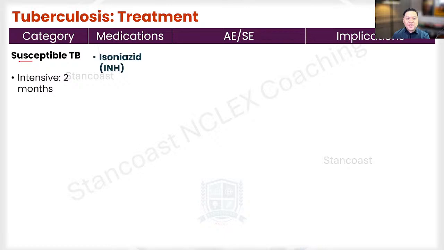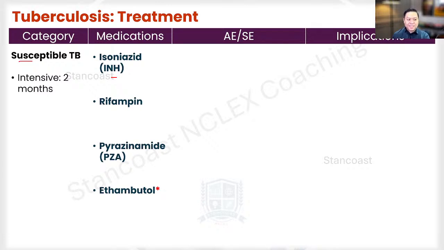So we'll see here, first and foremost, we have the INH, known as isoniazid. Okay, so what is this medication? Well, of course, this is one of the first line medications. Another is the rifampin, and I will talk more about each medication. And we also have the PZA or the pyrazinamide, and we also have the ethambutol.